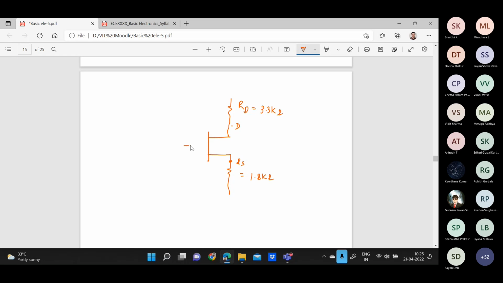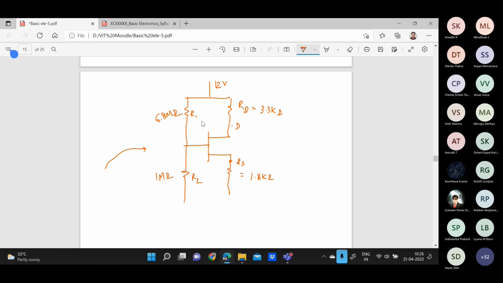For providing the external voltage, I am giving one resistance like this, another resistance like this. It is called voltage divider biasing. For example, if you are applying 12 volt here, and suppose R1 is equal to 6.8 mega ohms, and here they are giving 1 mega ohm.